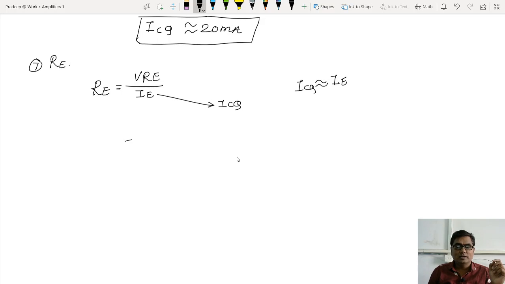So it will be 2.25, the value of VRE, divided by ICQ, that is 19.3 milliamperes. Then the value of RE will be, let me take the calculator, 2.25 divided by 19.3 milliamperes. Some error.